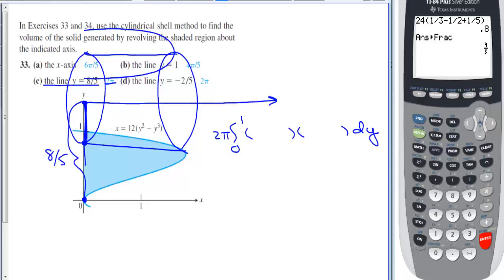And we're going to minus out this piece right here, which is the y value from the x-axis. So I need 8/5 minus y. And then the height's the same thing. It's the function value. So we have 12 times y squared minus y to the third.